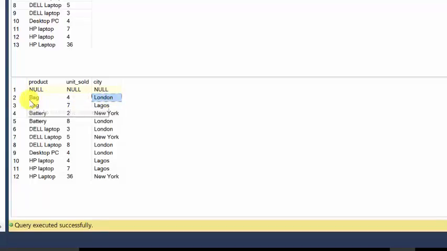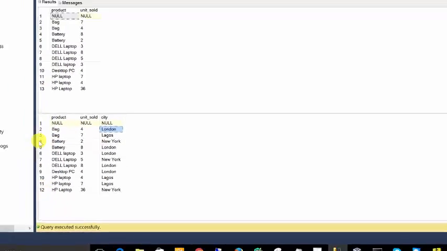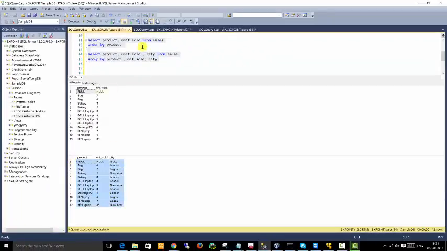Had we had the same occurring again, then it would reduce the number of data sets being returned. But this is just to demonstrate to you that we can actually use the group by without an aggregate function.